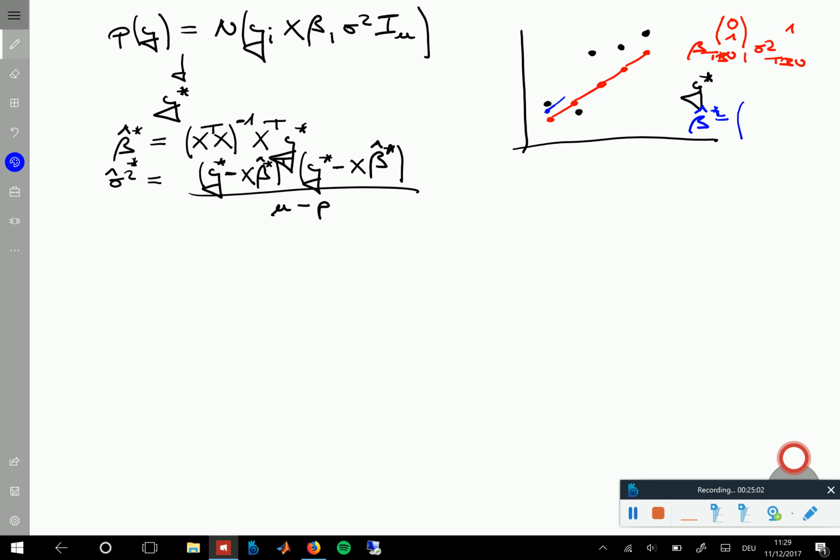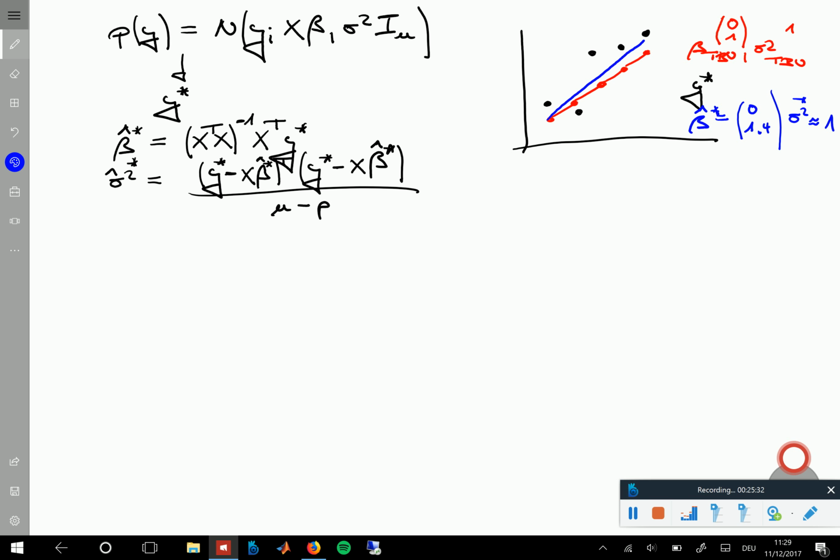Maybe I make that a little bit more extreme and clearer. So maybe like this, so that the slope is a little bit misestimated. So let's say the slope is estimated like this, and the sigma square is estimated, let's say, roughly the same. But so this blue point can go away.